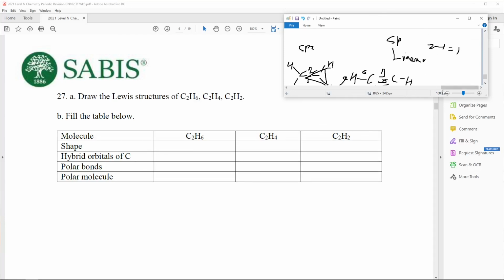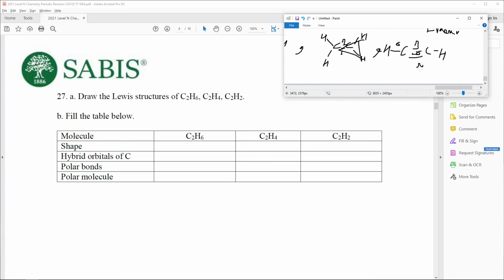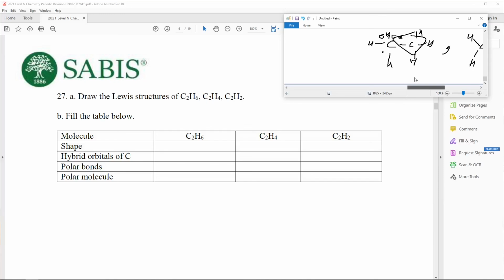Polar bonds, they're all polar, because is there an electronegativity difference between C and H? Yes. Between C and H again? Yes. Between C and H again? Yes. So these are polar. Now, polar molecule is different. What about the net dipole?